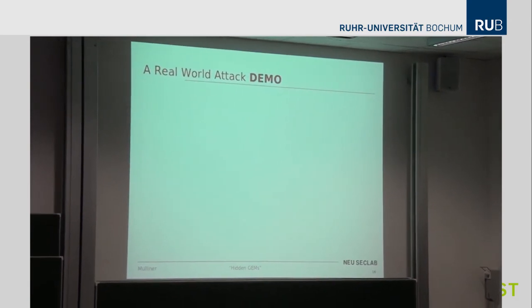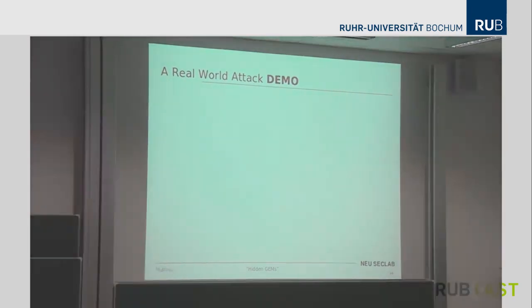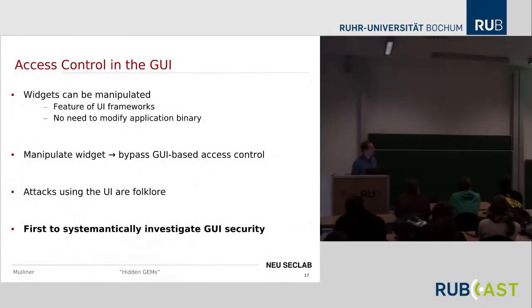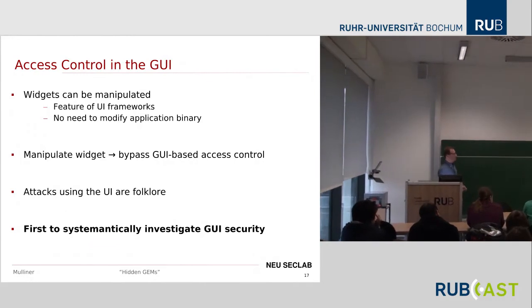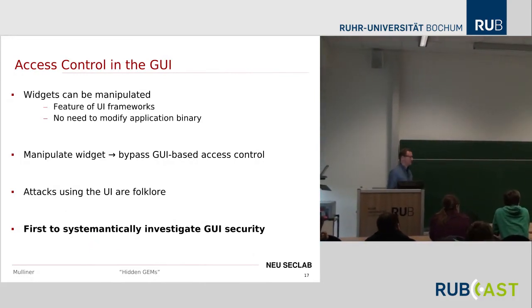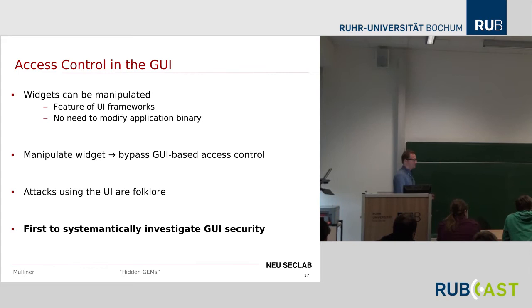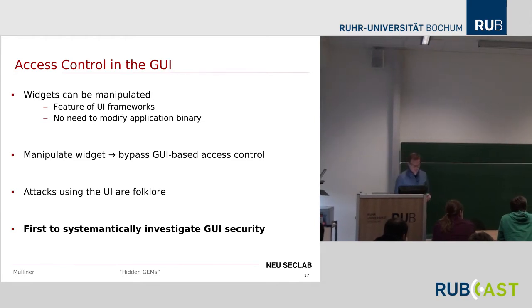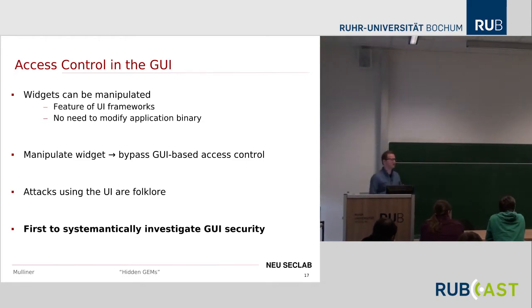Now I'm going to show you how we found this and how you can find this stuff. People have known that you can do manipulations on the UI, and then you can maybe gain some features of some applications or bypass some stuff, but nobody really investigated it before and did a targeted study on applications to see what kind of bugs exist in applications and how easy it is to actually exploit those.